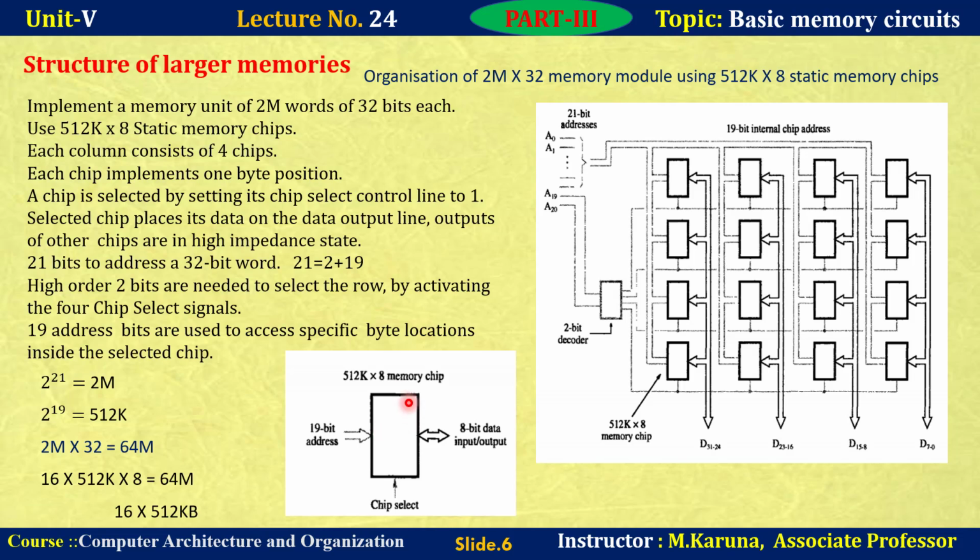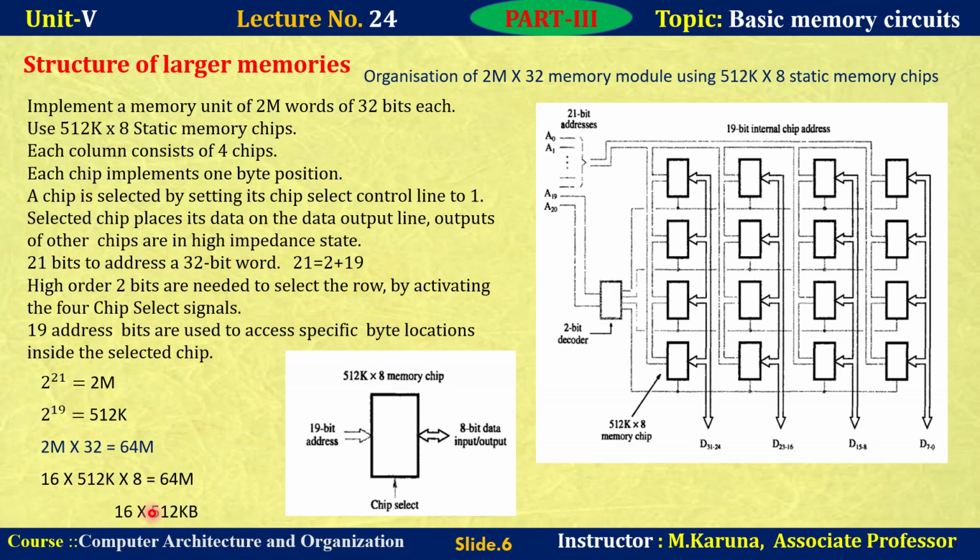We require 16 memory chips to construct 2M x 32. Each memory location stores 8-bit data, so the data bus length is 8 bits. Each memory location stores 8 bits, but we need to store 32 bits, and the chip can store only 8 bits. Let us see how it will be reorganized.